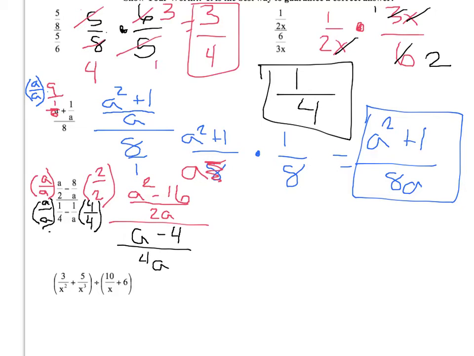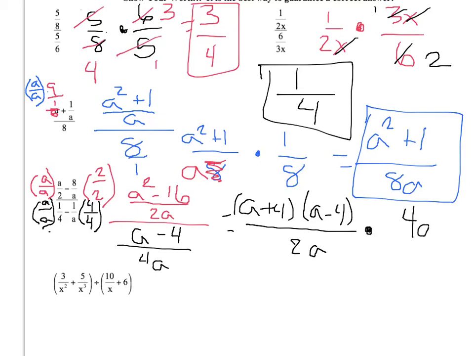Now it looks a little better. We can do a keep, change, flip. We can also factor what we can. A squared minus 16 does factor to a plus 4, a minus 4, over 2a. Division goes to multiplication.